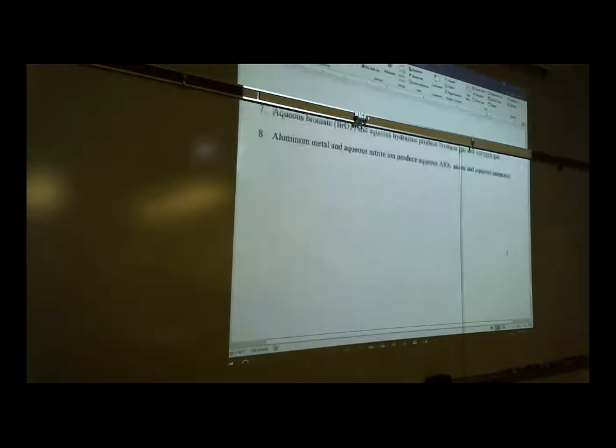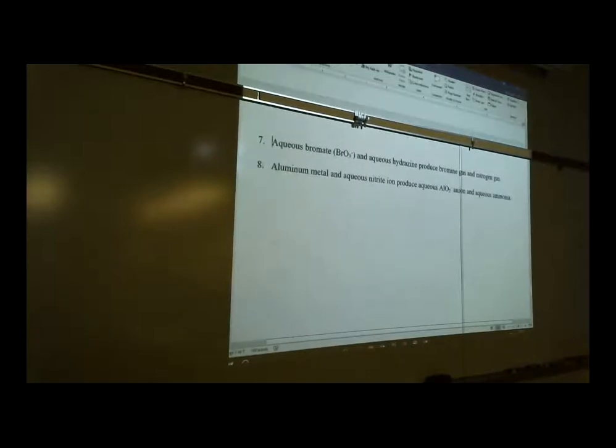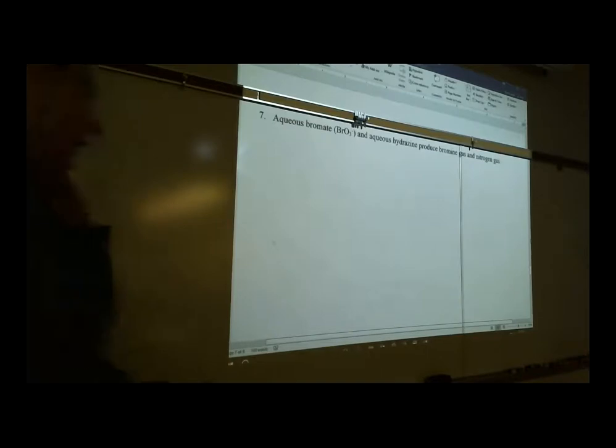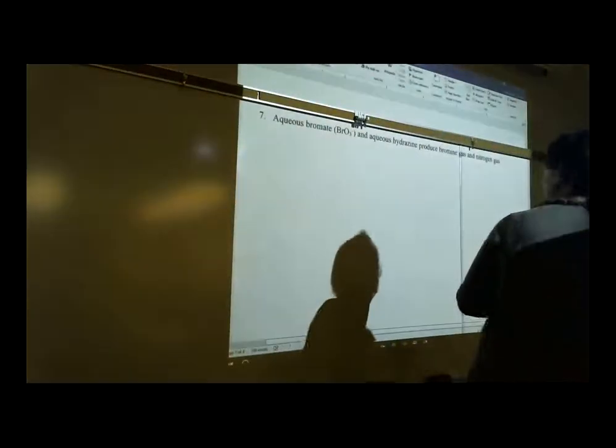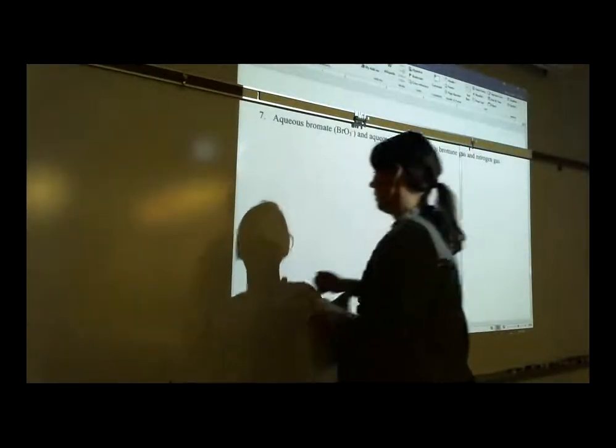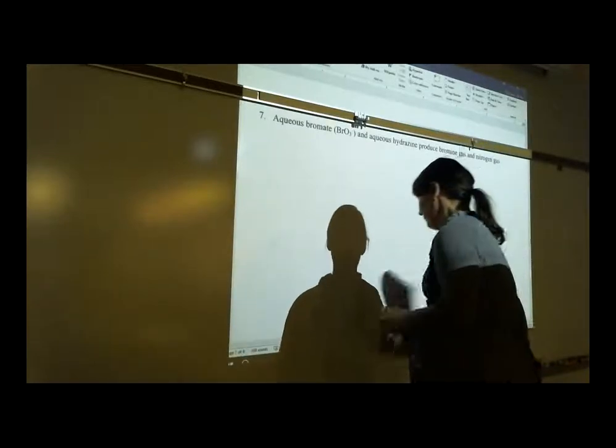So let's do number 7. So again, these are occurring in base solution, which means we're going to treat them like they're acid, and then we're going to make a modification at the end to turn it back into base. So let's do our number 7 problem.